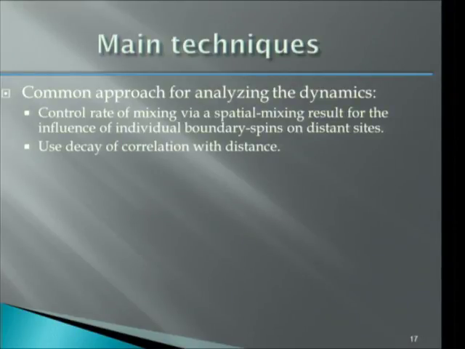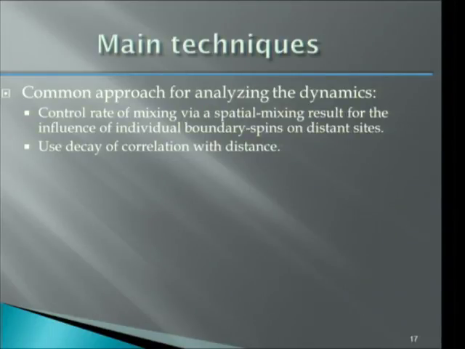We already discussed in the part where I defined what strong spatial mixing is, we already discussed a bit what kind of conditions are required in order for these things to hold, and this was no coincidence. The common approach for analyzing the dynamics is to control the mixing via the spatial mixing. So in order to say something about the dynamics, you first need to say something about the equilibrium, about the static Gibbs distribution.